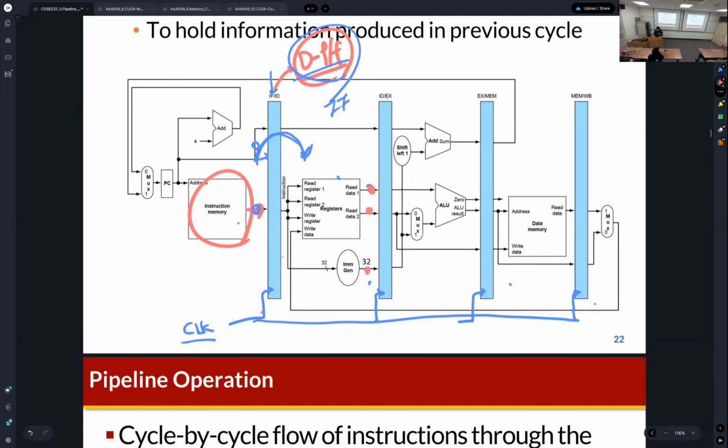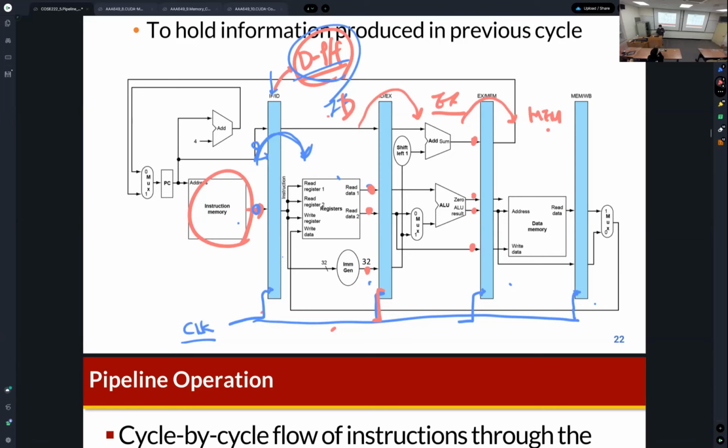These outputs are also sampled by the clock signal, and then in the next cycle, the results are delivered to the EX stage. This is instruction decoding, and also it's the same. These are outputs, and then the output of the execution stage is given to the memory stage at the next cycle.